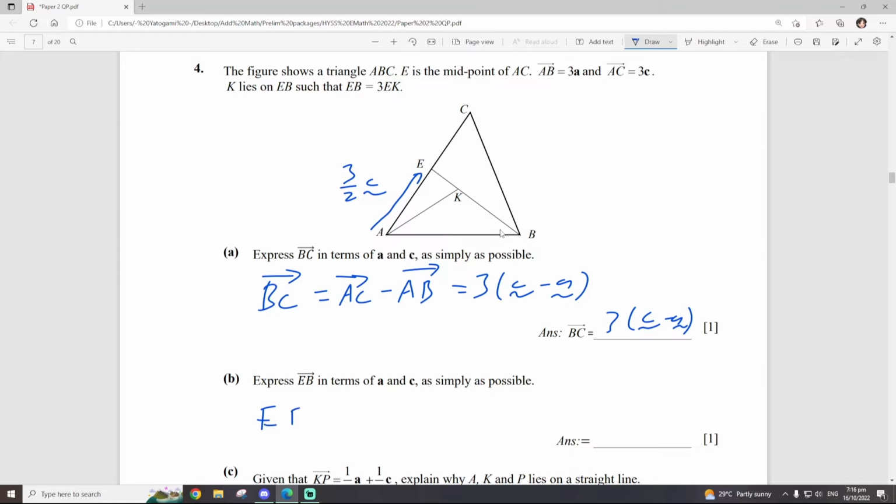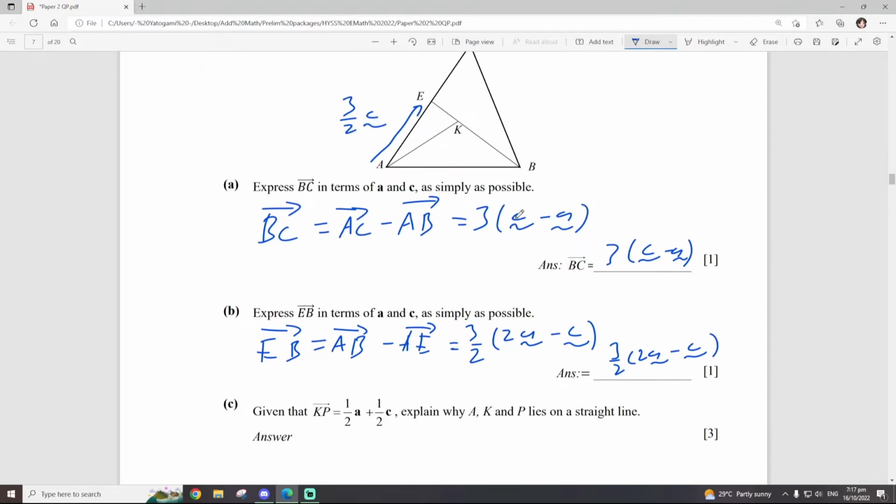So EB equals AB minus AE, which is 3/2 times 2A minus C, is it? Or is it the other way around? Oh yeah, this is correct. So this is 3/2 times 2A minus C.